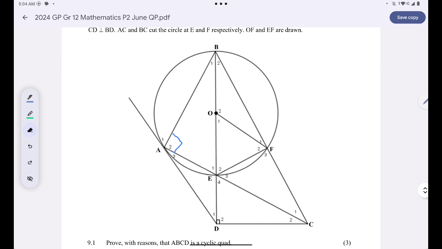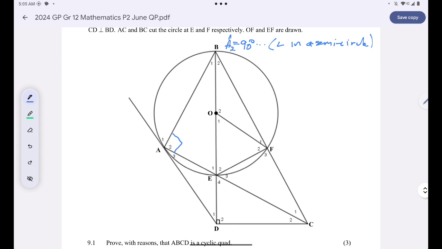Angle A2 is equal to 90 degrees. This is an angle in a semicircle. So if this thing is an angle in a semicircle, it simply means that angle A2 is equal to 90 degrees, right?